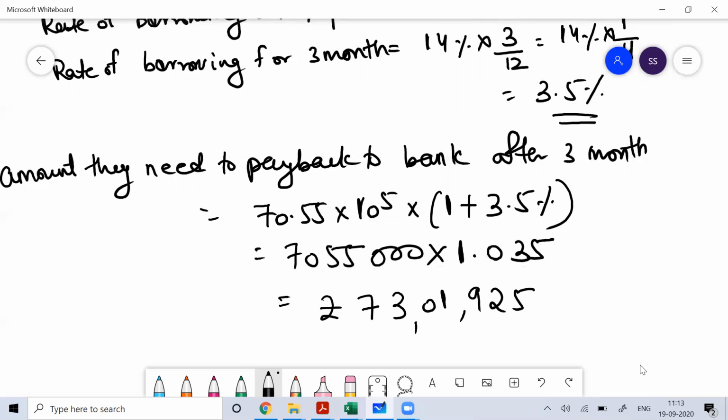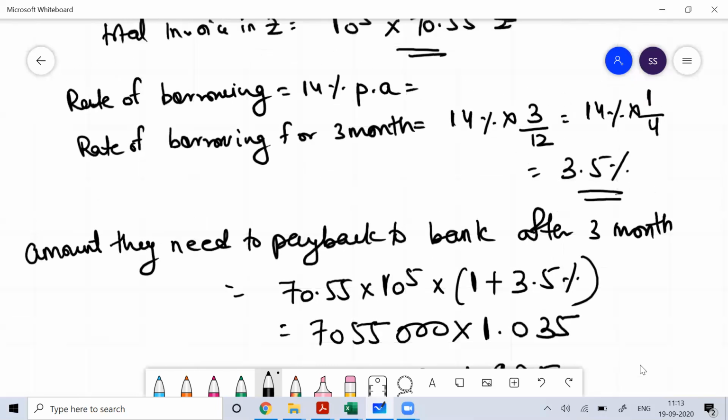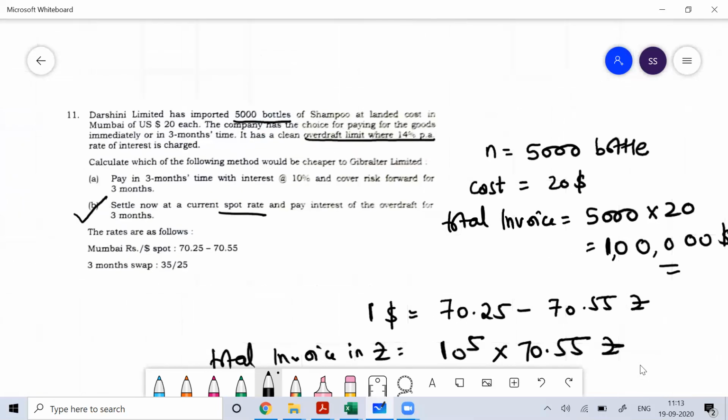So 73 lakh 1925. This is the amount they need to pay back after 3 months, if they go with the second option.